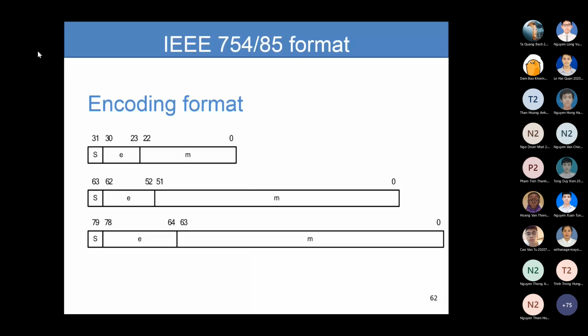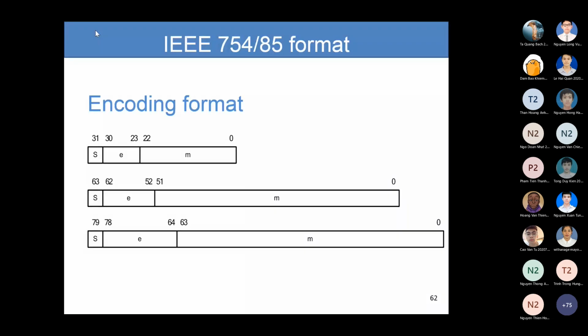Okay, and the next bits are used to represent the exponent. Because we use floating point, we need the exponent value, right? And the mantissa.